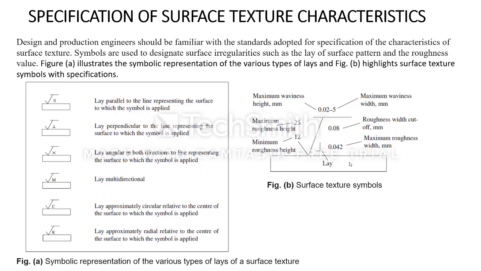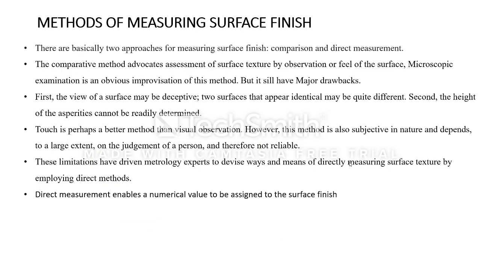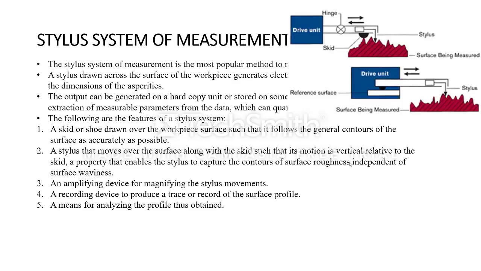Then the specification of surface texture characteristics we have seen, and then methods of measuring surface finish like the stylus system of measurement, which is one of the famous methods. For that we have different types of instruments, like with skid and without skid.